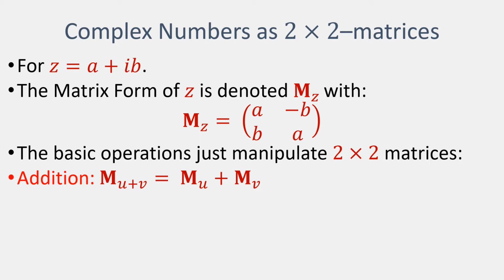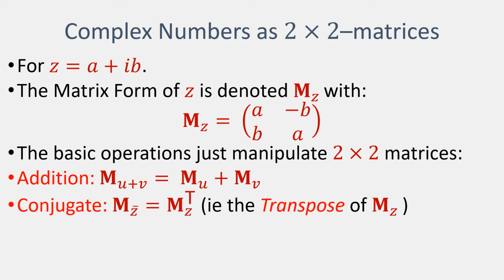So the addition of two complex numbers is exactly the same as the addition of two matrices. If we look at the conjugate of a complex number, that's exactly the same as taking the matrix form and computing its transpose, the operation where we substitute for the first row the first column, and for the second row the second column.